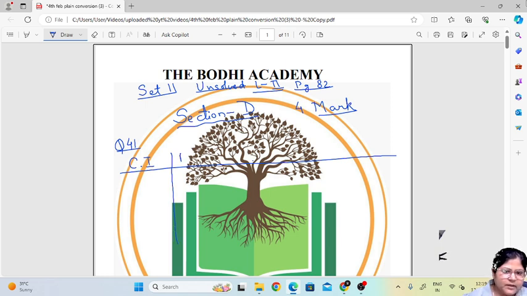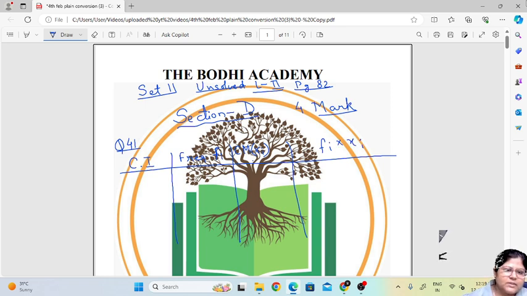Next is frequency, which is denoted by Fi. Then is class mark, which is noted as Xi. And the last column is Fi multiplied by Xi.